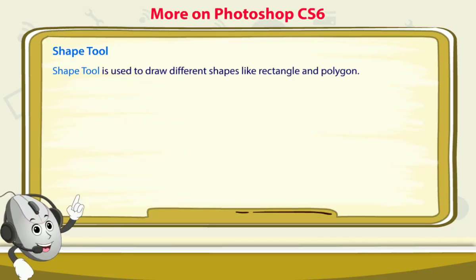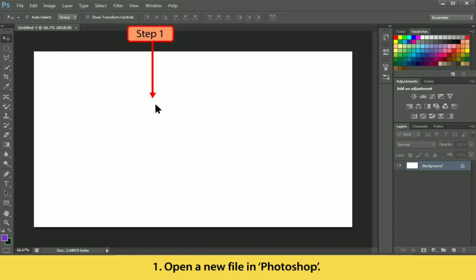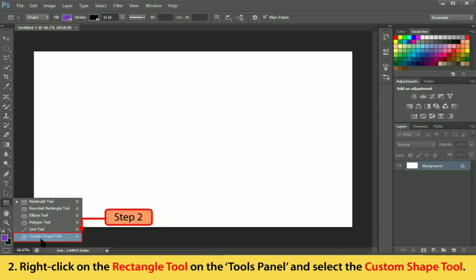Shape tool. It is used to draw different shapes like rectangle and polygon. So let's learn how to use shape tool. Open a new image in Photoshop. Right click on the rectangle tool on the tool panel and select the custom shape tool.